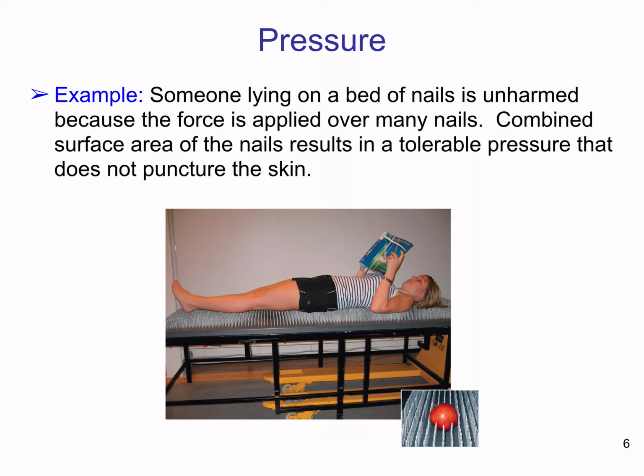Another example I like to point out is if I were to stomp on your foot with a regular shoe, that might hurt, but if I were to stomp on your foot with a stiletto heel, that would hurt more because I'd be applying the same force to a smaller area, causing greater pressure onto your foot.